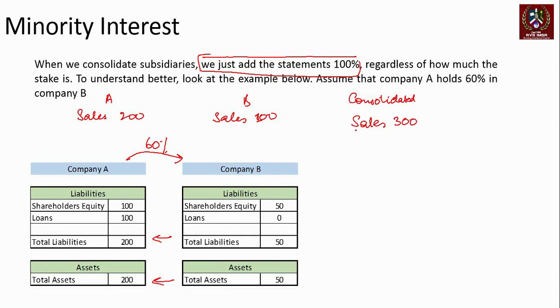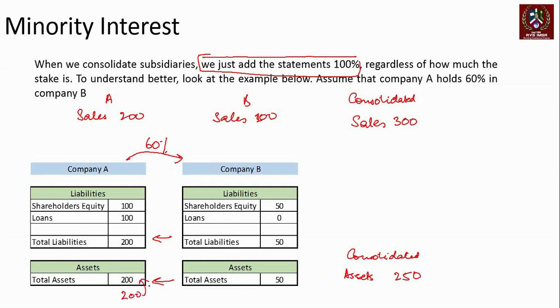Let's take the example and understand it in a simple format. If I take the assets of these two companies and I create the consolidated balance sheet, in the consolidated balance sheet, the assets would appear as 250. However, let's assume you sell this company today. You sell this entire company today in the consolidated setup. When you sell it, you will receive 200 for these assets. That's yours because that's the company that is there.